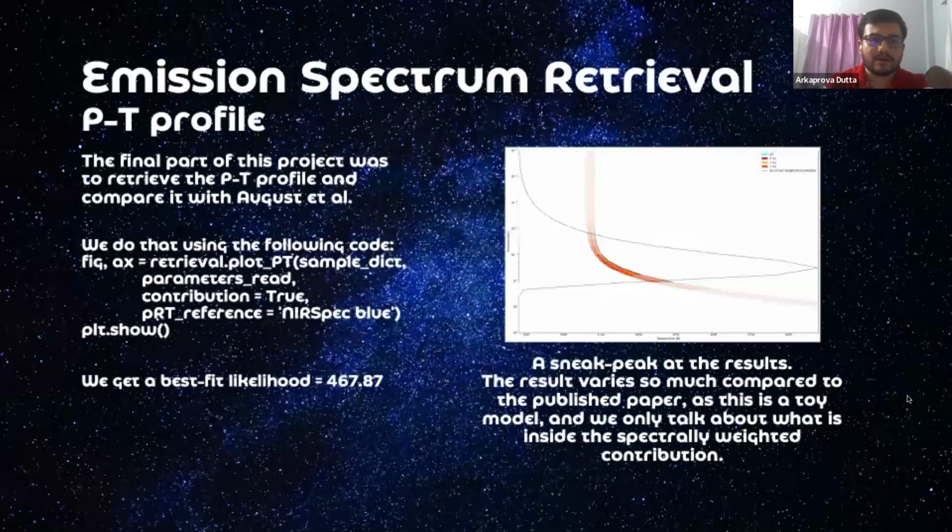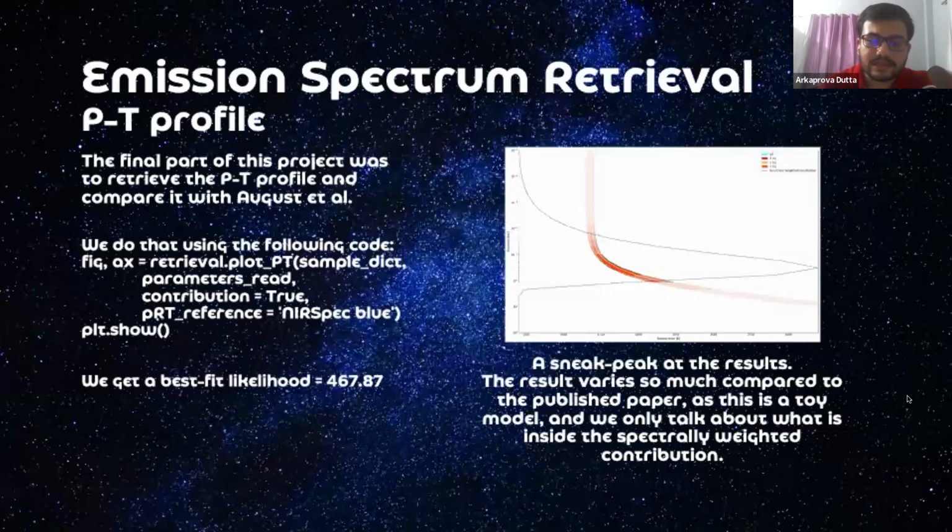And finally, we get a little sneak peek at the PT profile. I wanted to give it beforehand once, because there's one thing that's happening. We are actually using a toy model here pretty much. Avinash explained before that there are a lot of differences from the original paper.